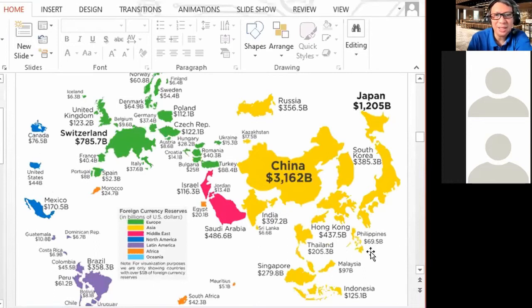Pero at the time that the infographic was made, mas malaki pa yung Forex reserve ng Philippines, 70 billion, kesa dun sa USA. What do you think? What's the reason? Does it mean that the Philippine economy is performing much better than that of the US? Do you think? That's the reason.